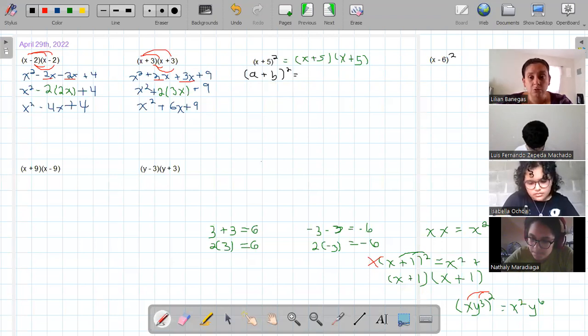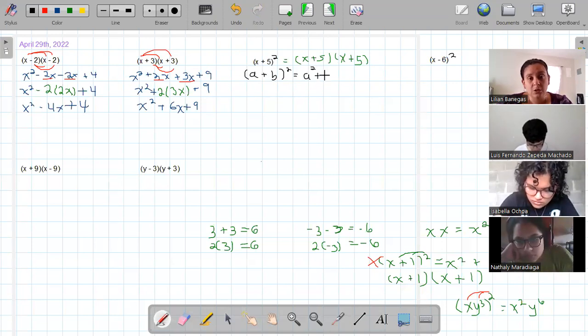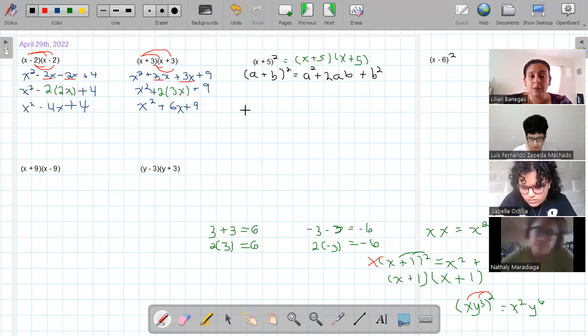This is equal to, and this is the part that you're going to be doing, the first term of your parenthesis to the square. Since it is an addition, you're going to say plus 2 times the first term times the second term plus, always plus, the B, which is the second term, to the square. Okay? That is the formula you're going to be using.